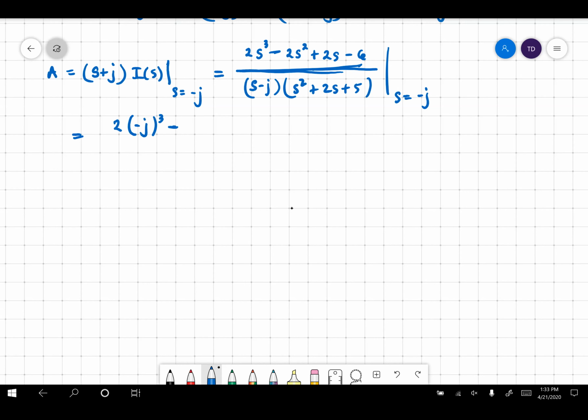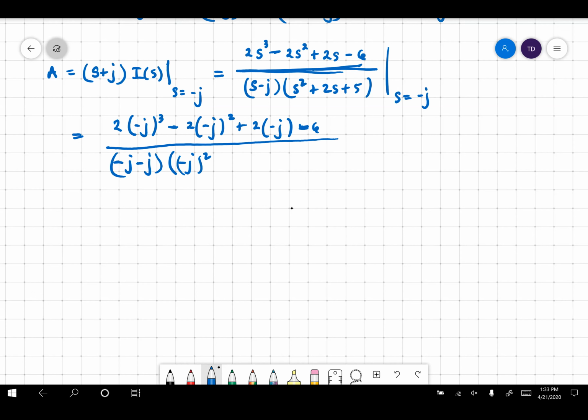Minus J cubed minus 2 times minus J squared plus 2 times minus J minus 6, all divided by minus J minus J squared plus 2 times minus J plus 5.